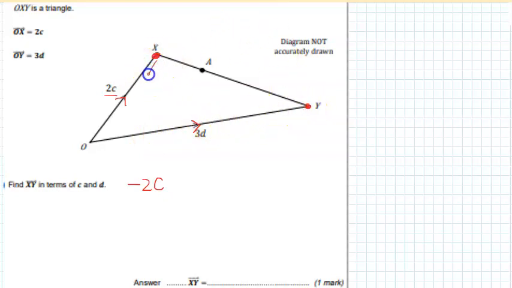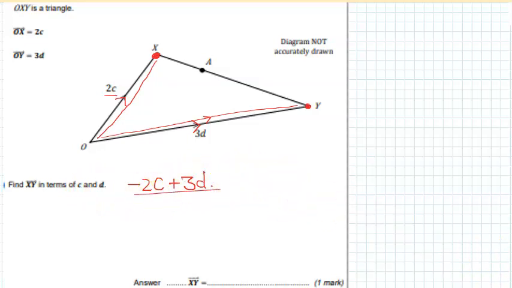So it means you have started from here, you traveled up to here, then from there you started traveling. So this 3D is in the same direction. So that is plus 3D. And that is the answer. That's how easy the vectors are. So this is XY in terms of C and D.